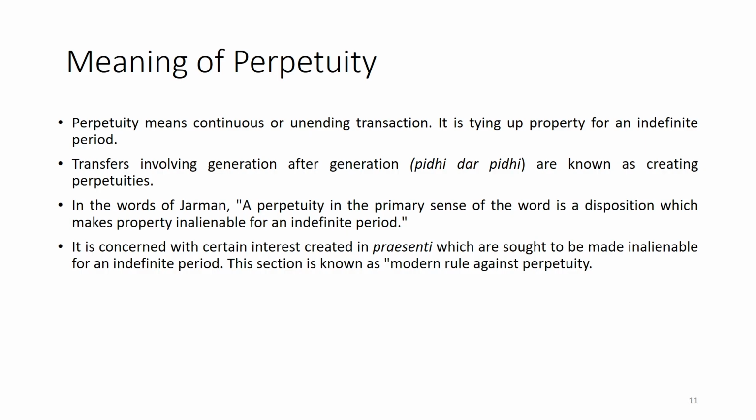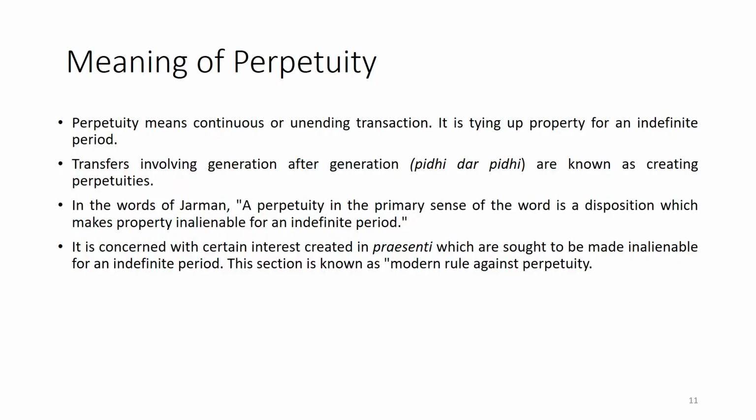Here we are not talking about making property inalienable, which cannot be transferred for an unlimited period. Now, the meaning is just the opposite, that means property should always be transferable up to an unlimited period of time.